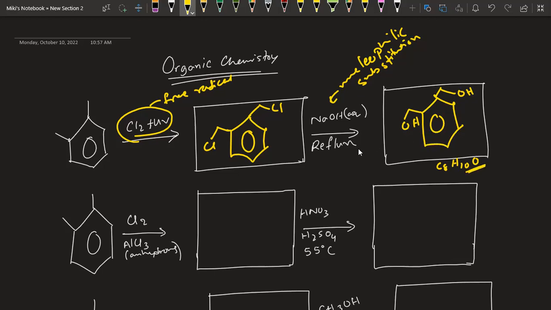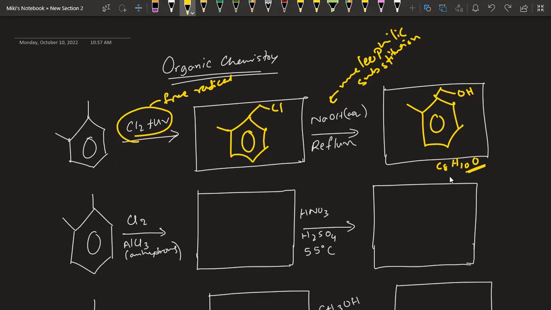That means in the free radical substitution part, only one of the chlorines was substituted. Since they haven't mentioned otherwise, we'd consider only one of the chlorines. The other things remain identical. You could also give the OH group on the other side, but only one should be present there.